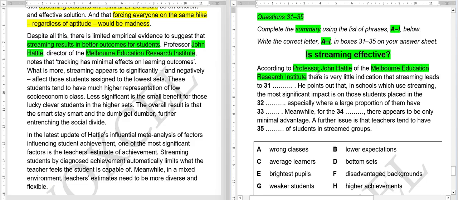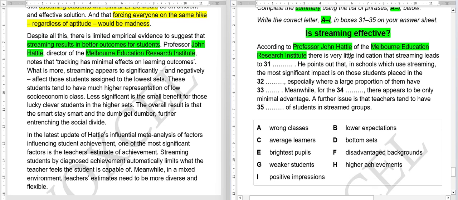Now we will read the question. According to Professor John Hattie of the Melbourne Education Research Institute, there is very little indication that streaming leads to. So he's saying that there is very little indication, like little proof, that streaming leads to, means results in, something.